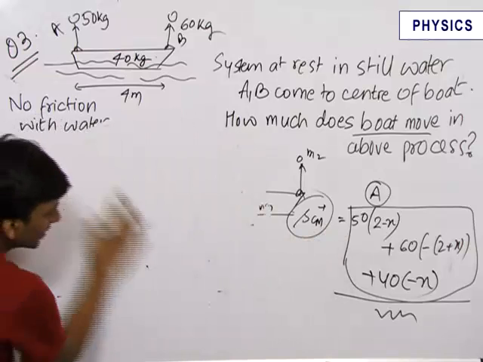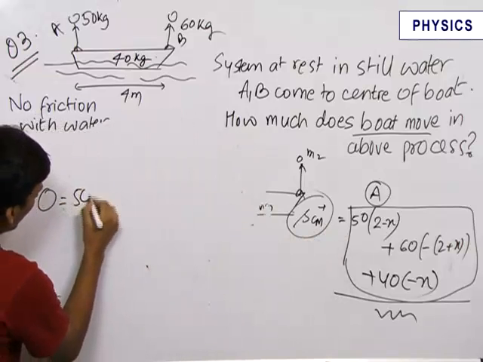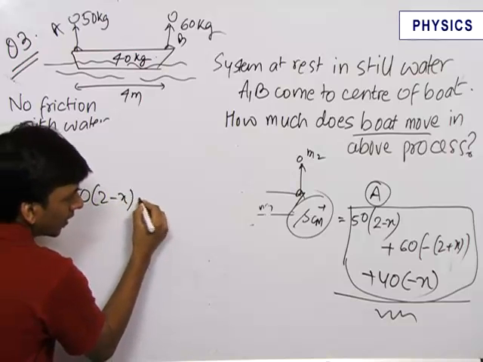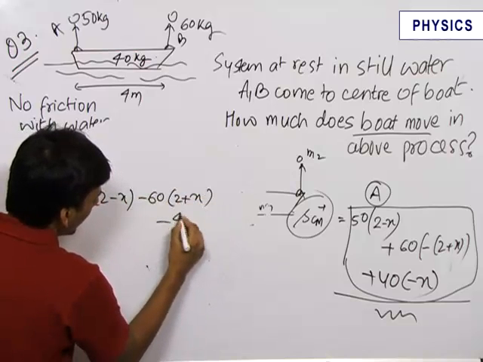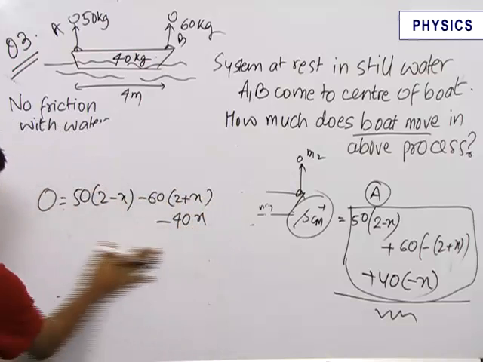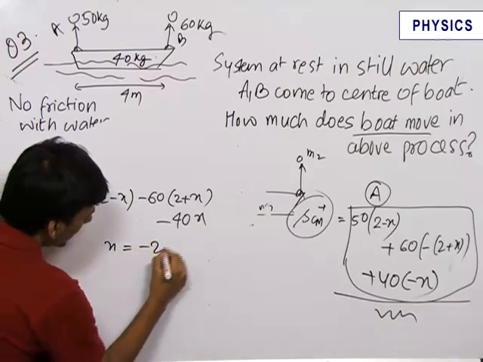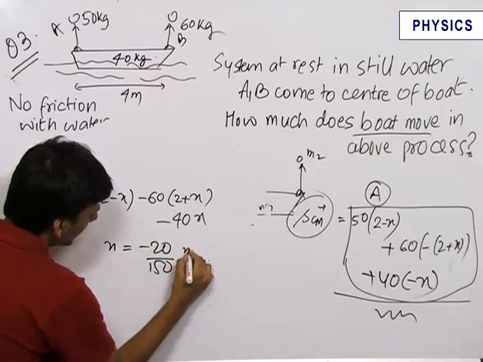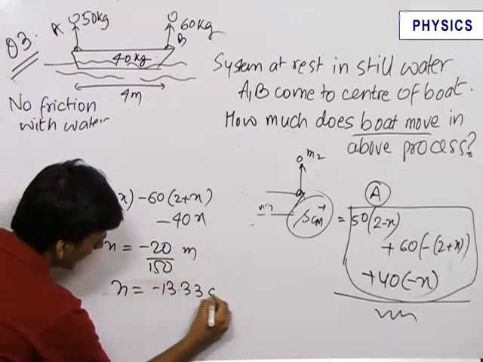So while solving this, we make 0 equal to 50 into 2 minus x minus 60 into 2 plus x minus 40x. So in solving this, we get x is equal to minus 20 upon 150 meters. That is, x is equal to minus 13.33 centimeters.